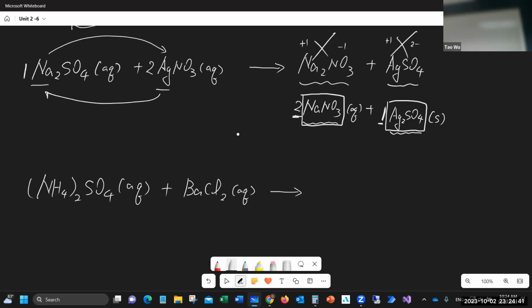When you write the formula for the ionic compound, make sure the charges balance. That's why you need to figure out the charge of all of those cations and anions, and then when they combine together, what's the correct formula they're going to make.